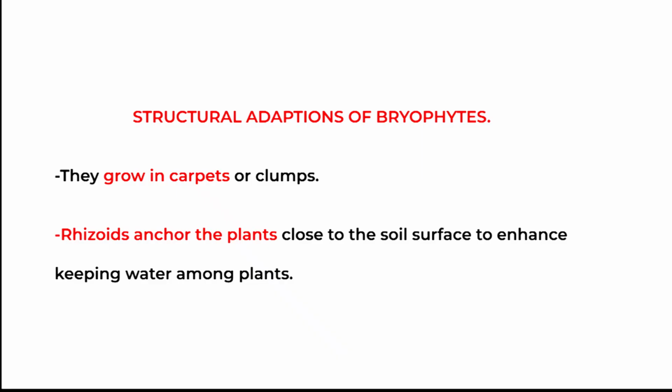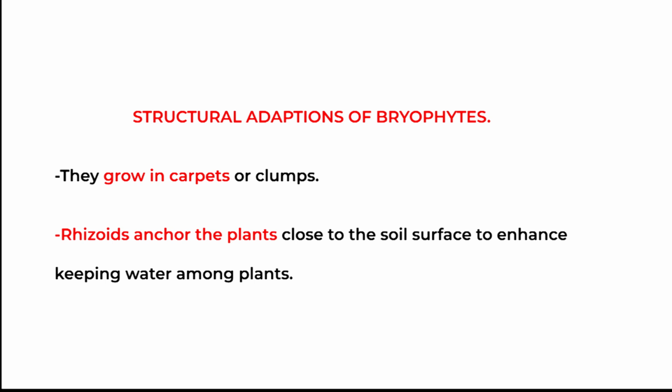Now let's quickly look at structural adaptive features of bryophytes. One, as we have said, they grow in carpets or in clumps in order to reduce water loss from individual plants and also to keep moisture in between the plants for external fertilization. Two, rhizoids anchor the plants close to the soil surface.